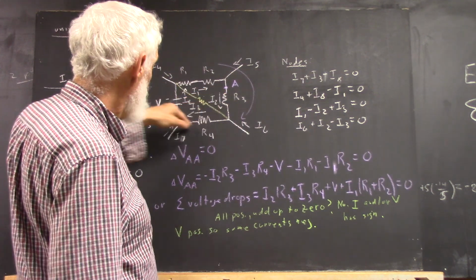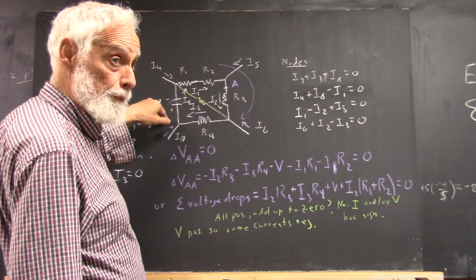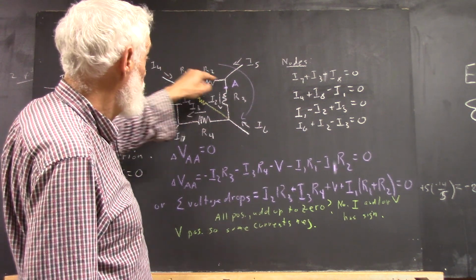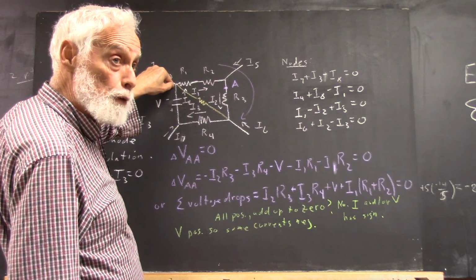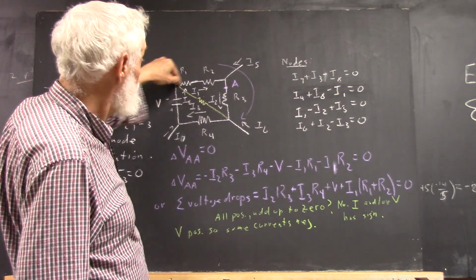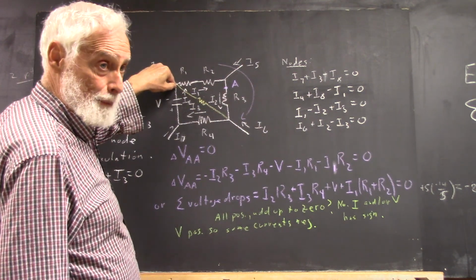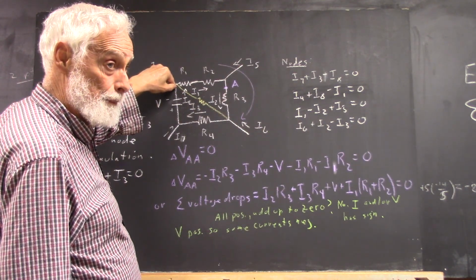It doesn't affect the fact that this is a loop. Okay? Doesn't affect the fact that the voltage drop around this loop is 0. But it gives us another loop. We have a loop here. Voltage drop around this loop has to be 0. Okay? Make sense?